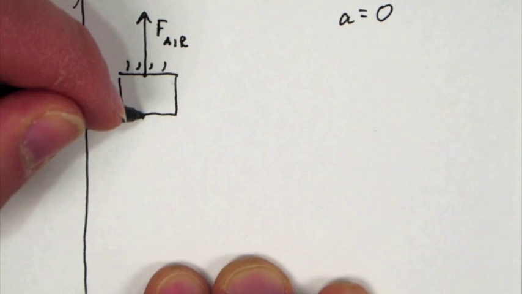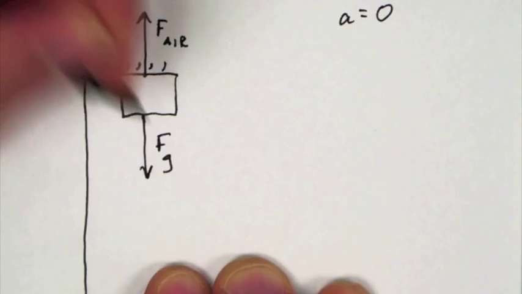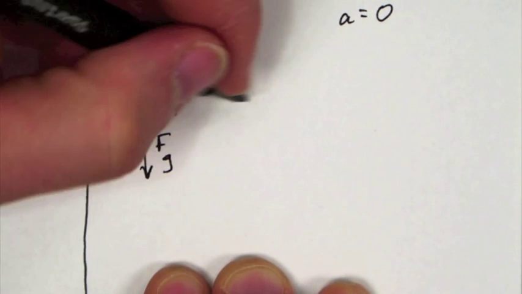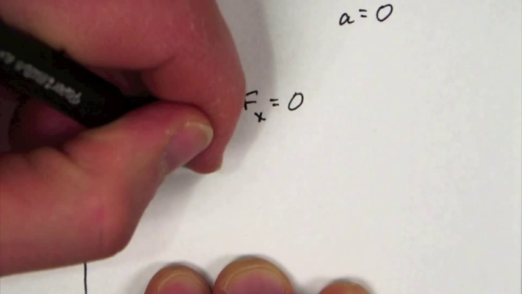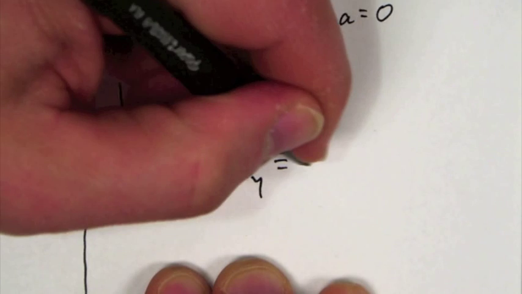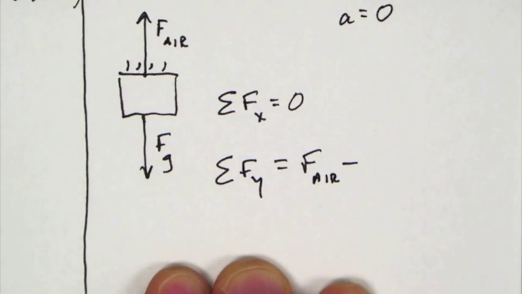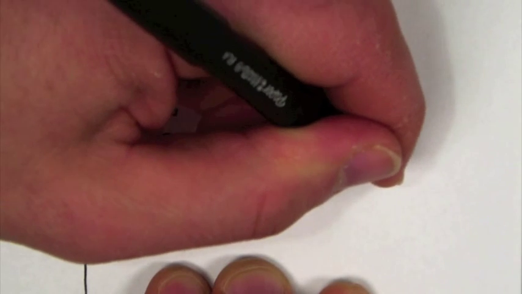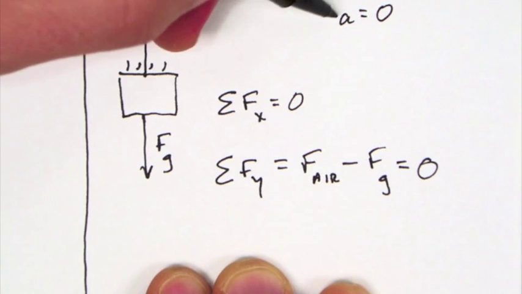There is no normal force because it's in the air, it's not contacting the surface, and the force of gravity. There are no forces in the x direction, and in the y direction we have two forces. We have, again, the force of air resistance, and I'm going to subtract the force of weight or gravity. And that will be 0 because acceleration was 0.